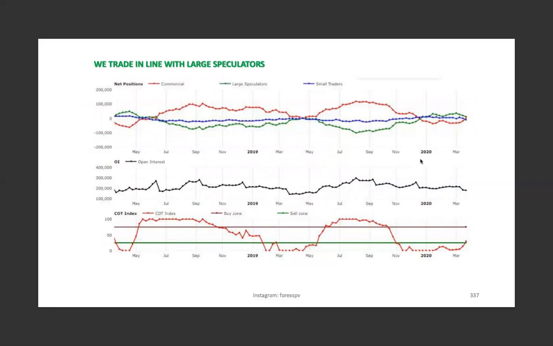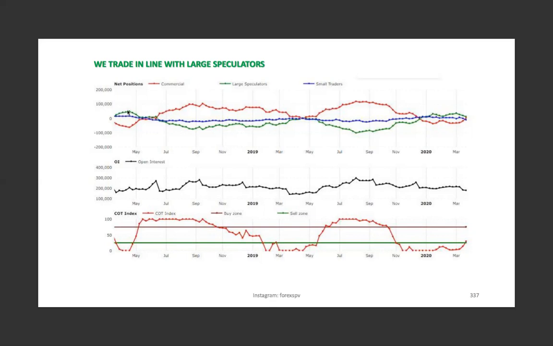Now, when we analyze the COT, we usually trade in line with the large speculators because they're the ones trading in line with the trend. From this chart here, we can see the commercials as the red line, the large speculators as the green line, and the small traders.